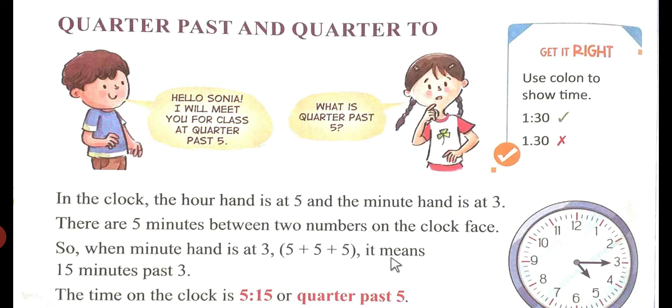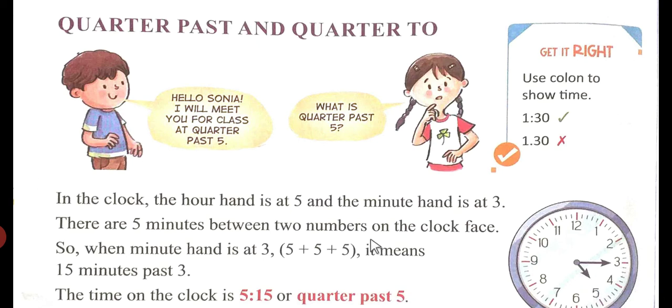Or you will add, 5 plus 5 is 10, plus 5 is 15. It means 15 minutes past. So the time on the clock is 5:15. So you can see the colon here, 2 dots. This is called the colon.